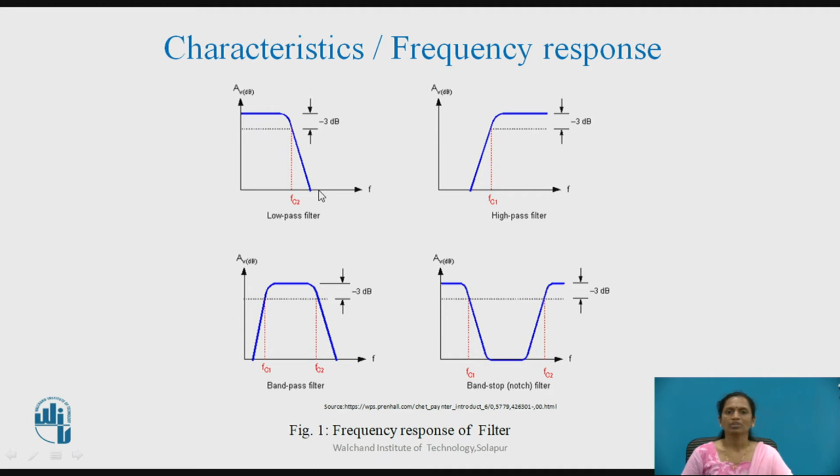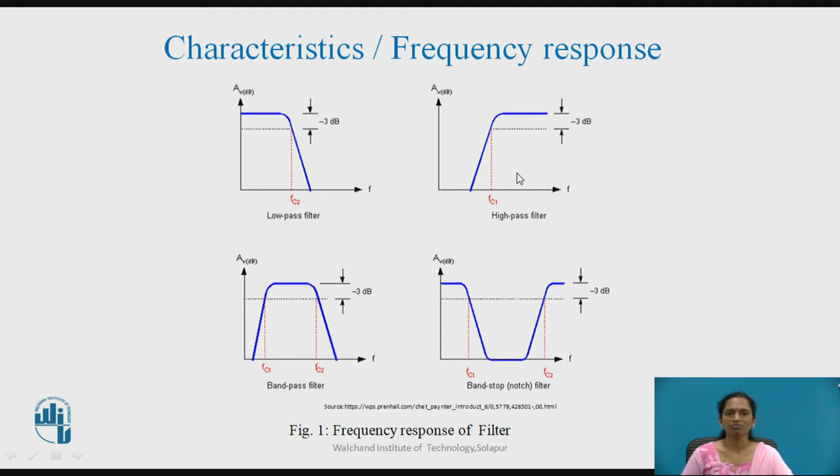In the same way, if you see the high pass filter, first you have a stop band. So, we have zero gain and after a certain frequency gain increases and that will be constant afterwards.